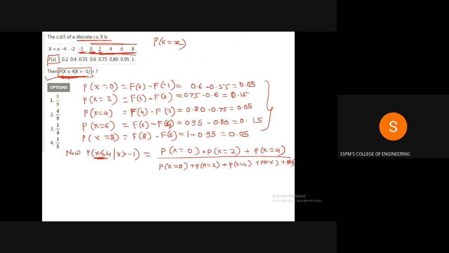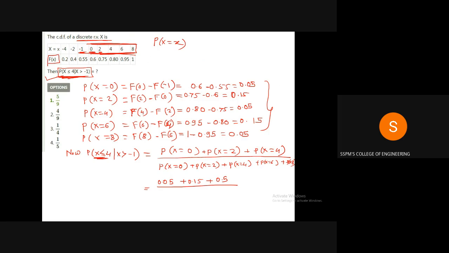Now we will put all those values. So p of x is equal to 0 is 0.05, plus probability of x is equal to 2 is 0.15, plus probability of x is equal to 4, it is 0.05 again. We'll put all those values here.